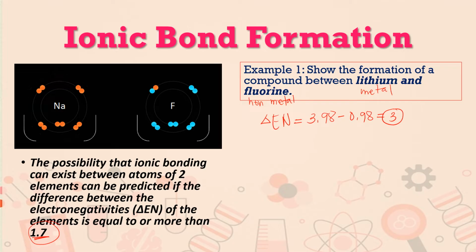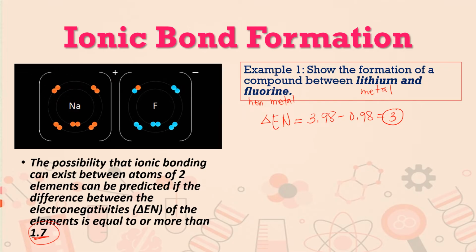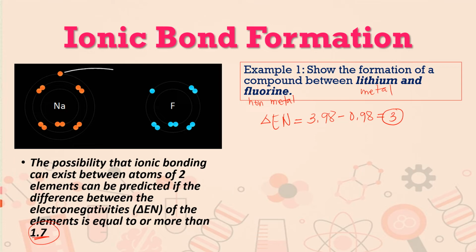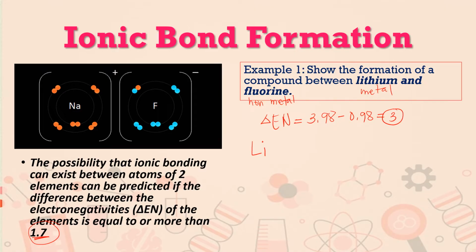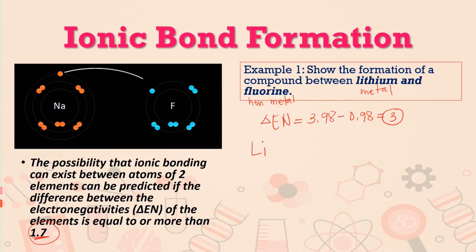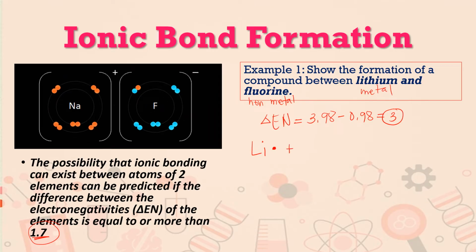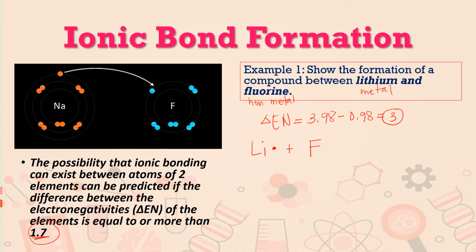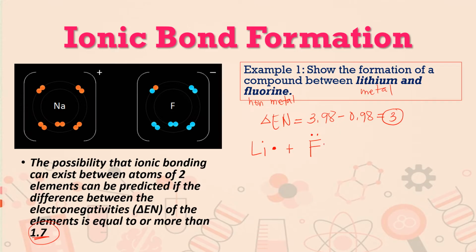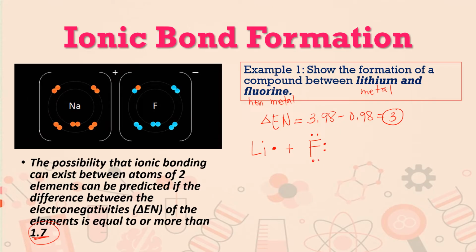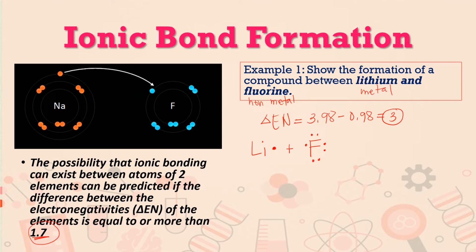So let's now try to draw the Lewis structure of these two to show their bond formation. Lithium belongs to group 1. So the Lewis dot structure of lithium is the element symbol plus 1 dot. Plus fluorine, which belongs to group 7, has 7 dots. So we have 1, 2, 3, 4, 5, 6, and 7.